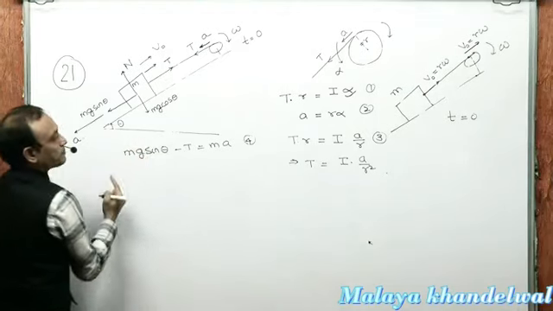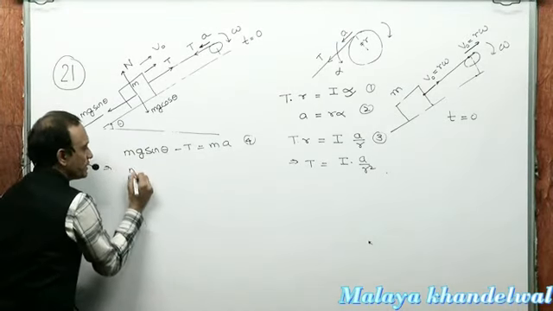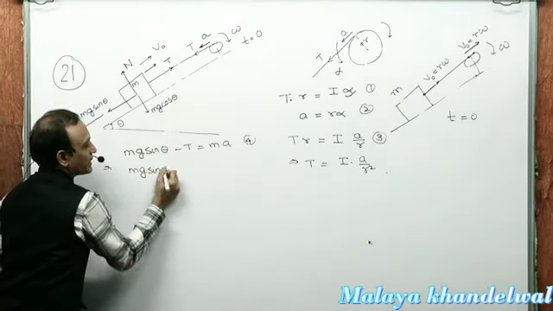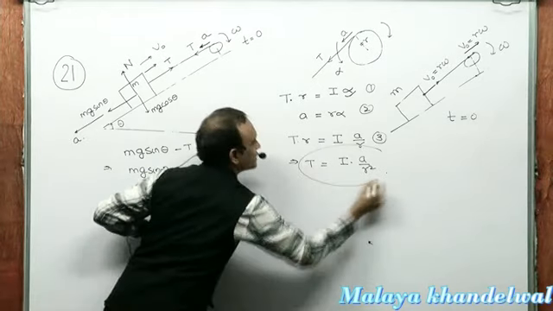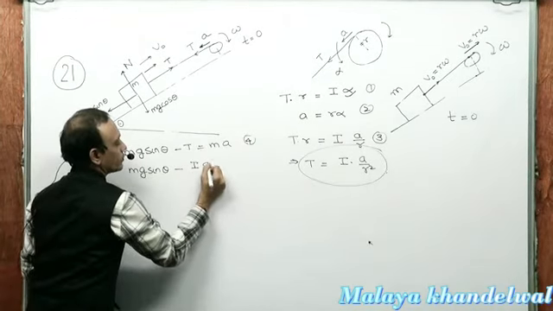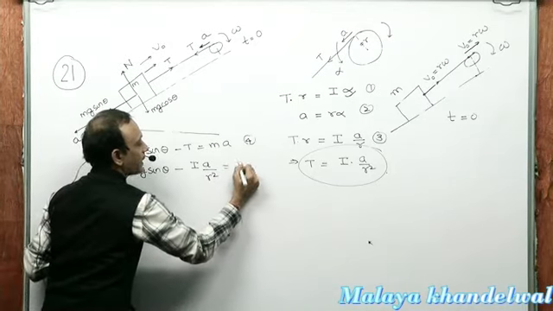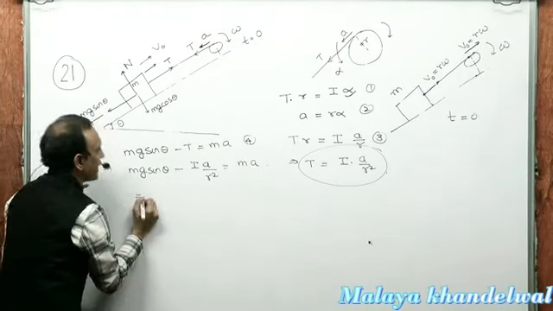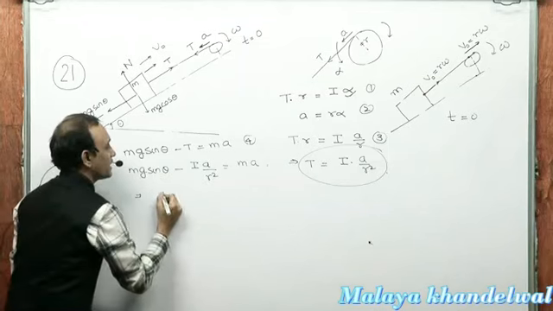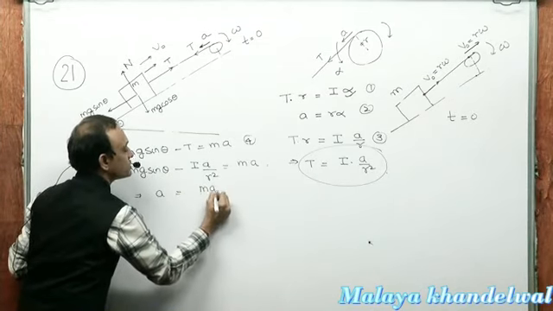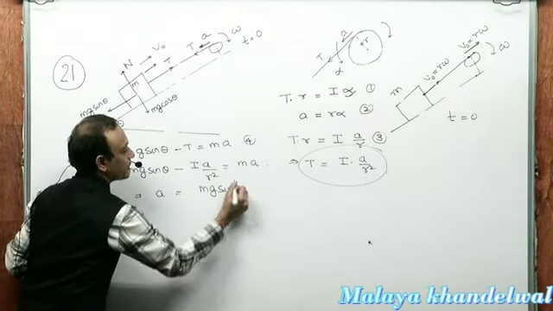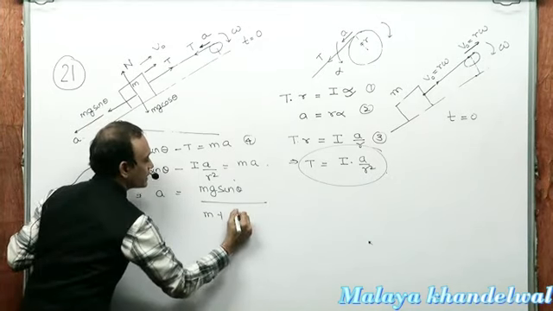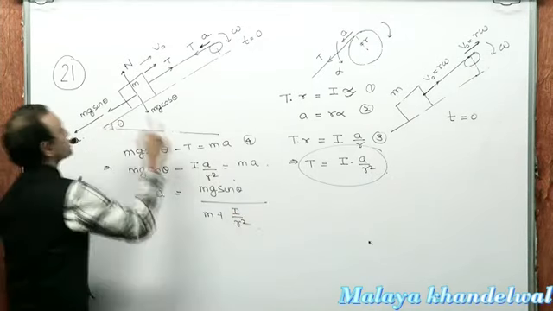So this T I can plug in: mg sin theta minus I into A by R squared equal to m into A. Now this gives us the value of retardation of this mass. A then turns out to be mg sin theta divided by m plus I by R squared. That's the retardation of this mass.